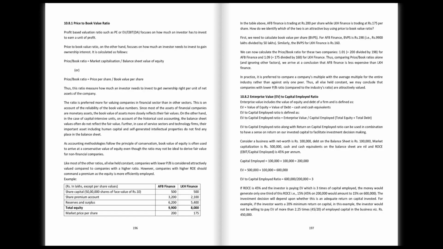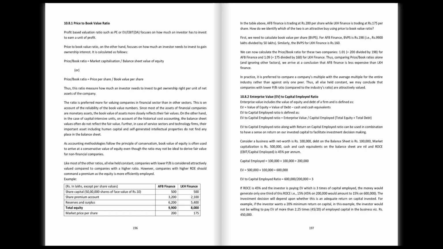Consider a business with net worth of 100,000 rupees, debt on the balance sheet of 100,000 rupees, market capitalization of 500,000 rupees, cash and cash equivalents on the balance sheet nil, and ROCE, EBIT divided by capital employed, of 45% per annum. Capital employed equals 100,000 plus 100,000, which is equal to 200,000.